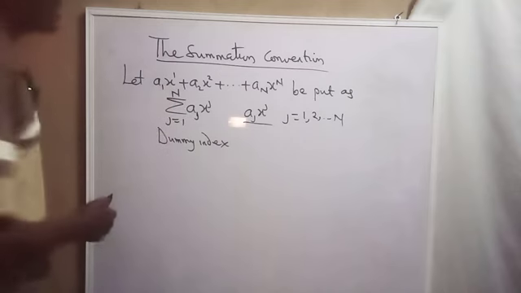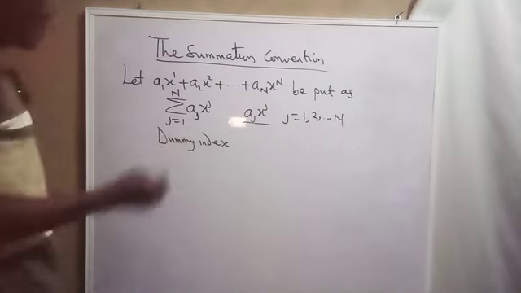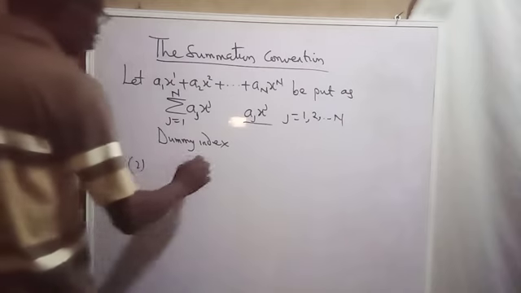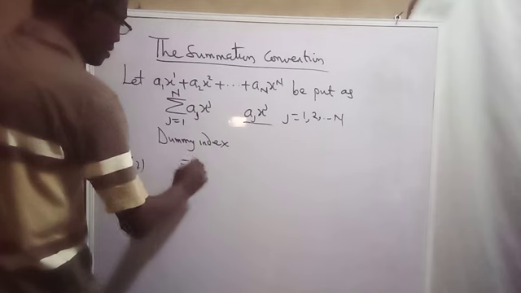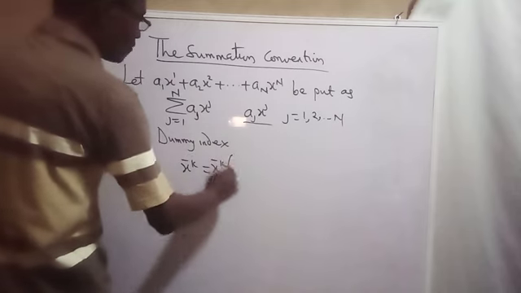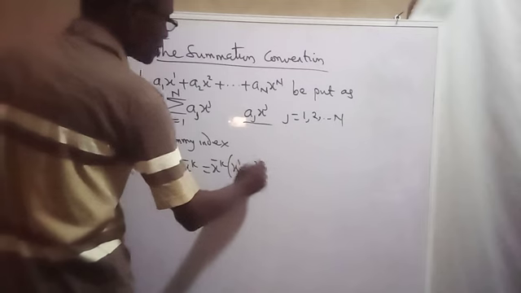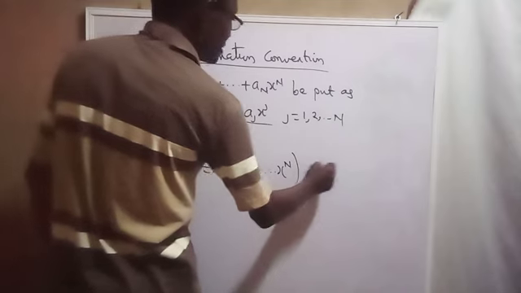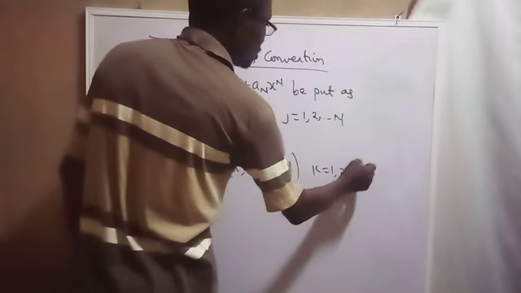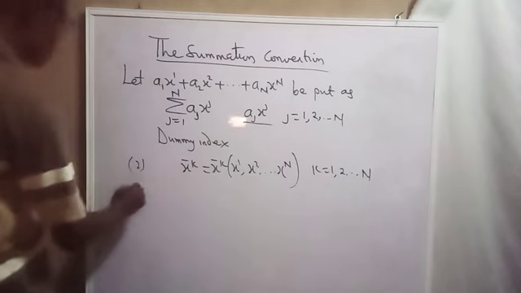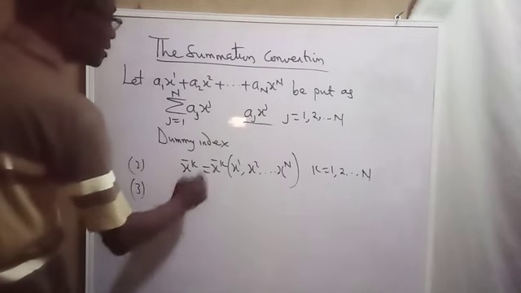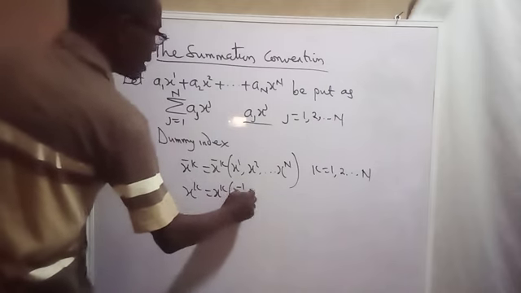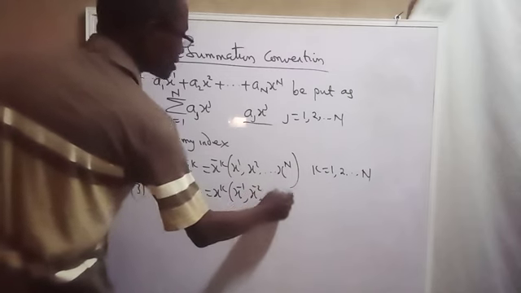Now, if you look back at equation 2, I have x bar k over x bar x raised to power 1, x raised to power 2, till x raised to power n, and k is equal to 1 to n. Going back to equation 3, I have x k equals x k over x bar 1, x bar 2 to x bar n.